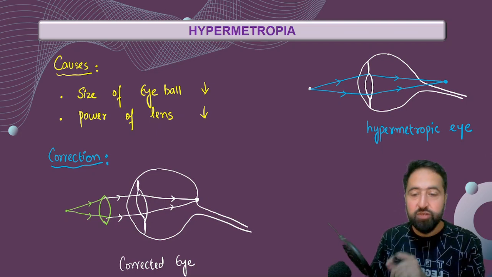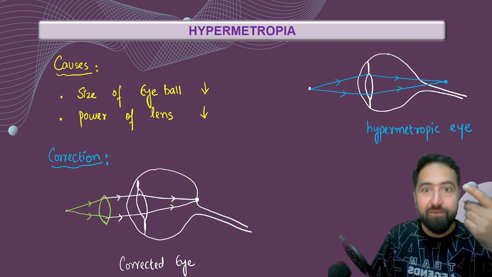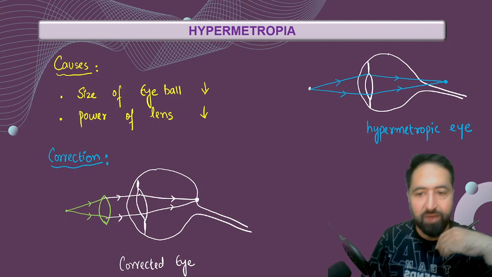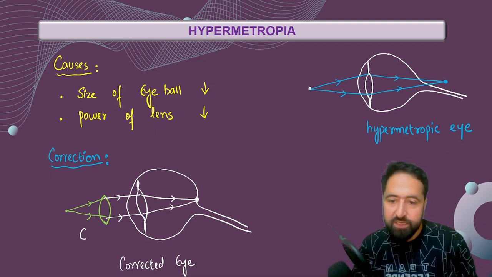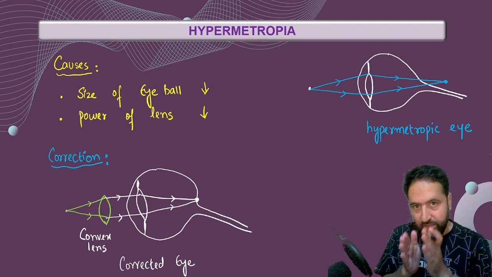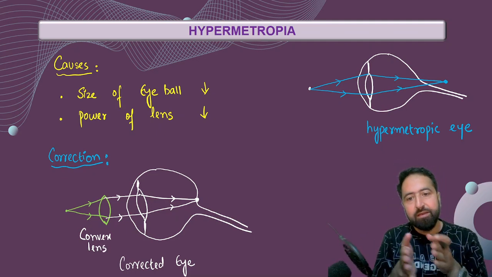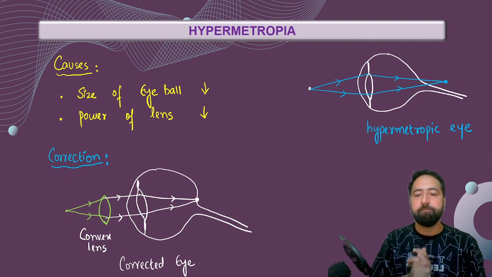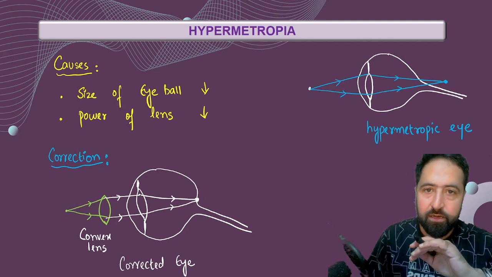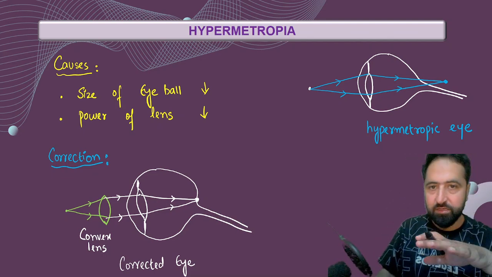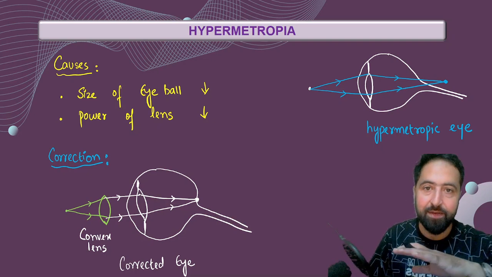Thus in correction, what you will write, that you will use the convex lens of suitable focal length to correct this. Okay. So this is the convex lens. So you will use the convex lens of suitable focal length to correct this defect. Okay. All right. So the theory part of the two defects, the myopia and hypermetropia, is complete.